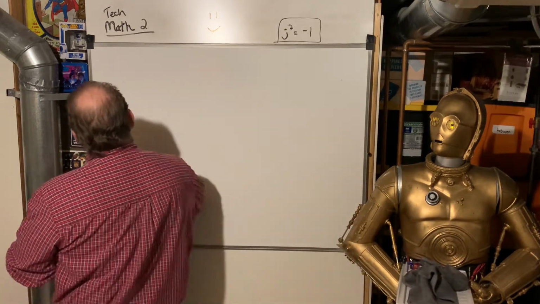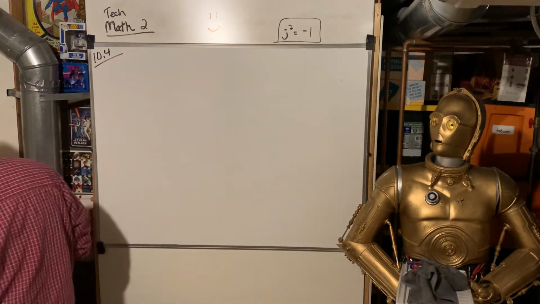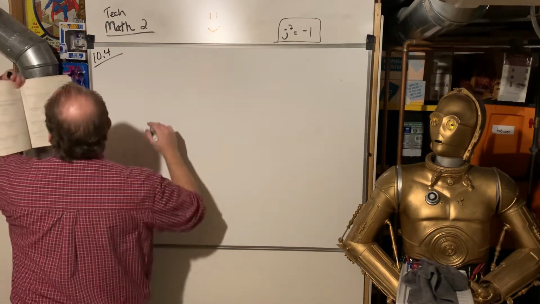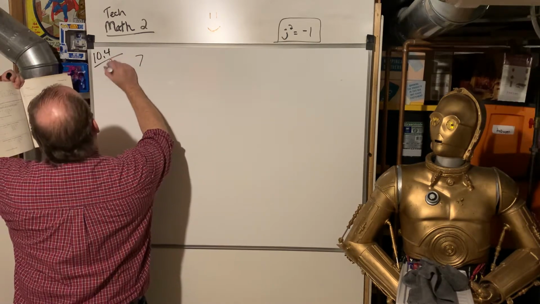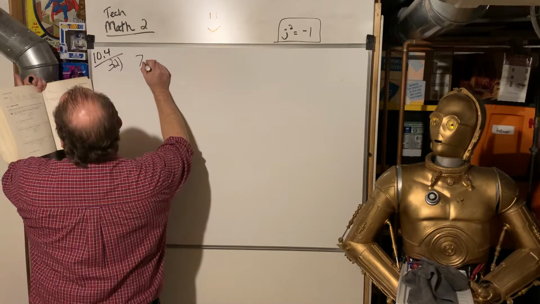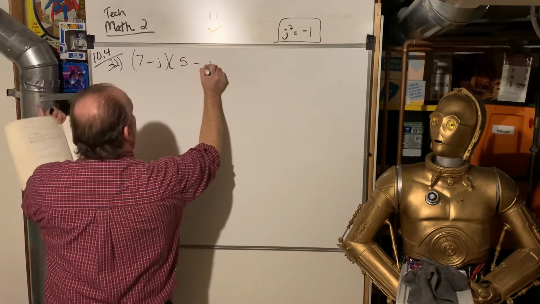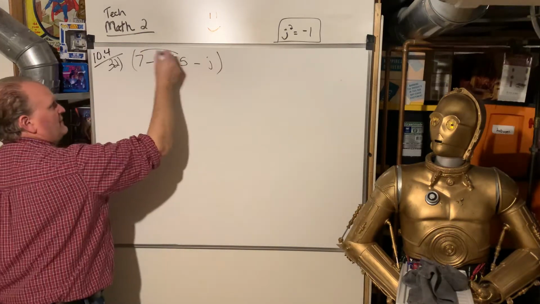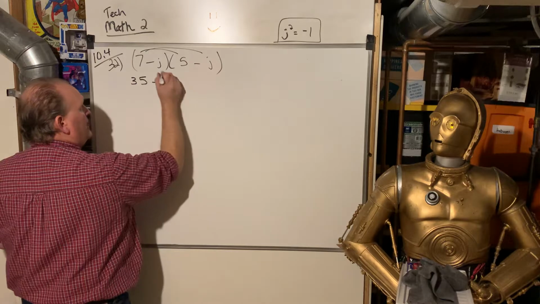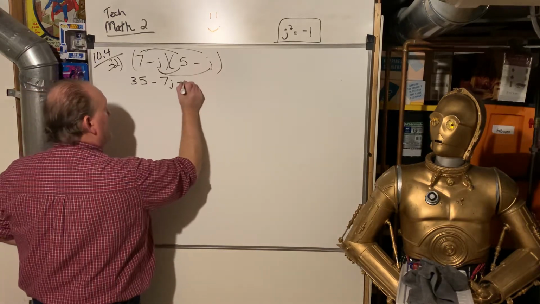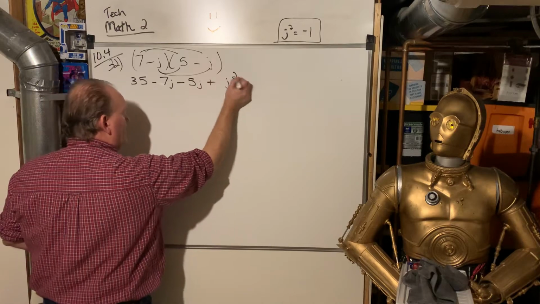So check it out, 10.4. We're looking at number 32. 7 minus j times 5 minus j. So you do the distributive property twice. That is 35 minus 7j and negative 5j plus j squared.